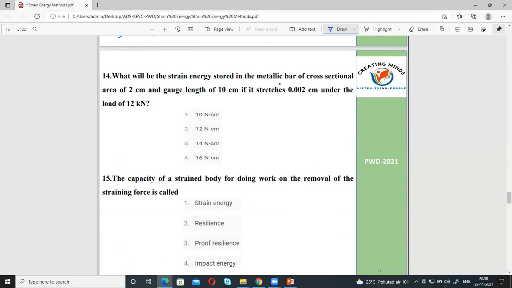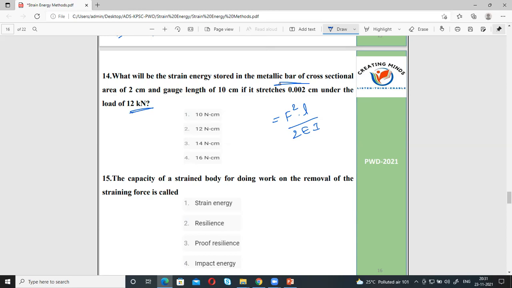What will be the strain energy stored in a metallic bar? Try to calculate. As soon as a bar is given, what is the equation? F square L by 2AE. Please try to get the answer. What is the force? 10 kilonewton, 10 into 1000 square.